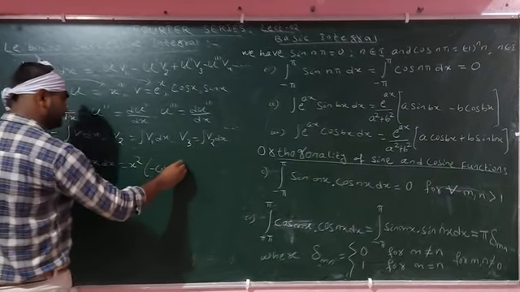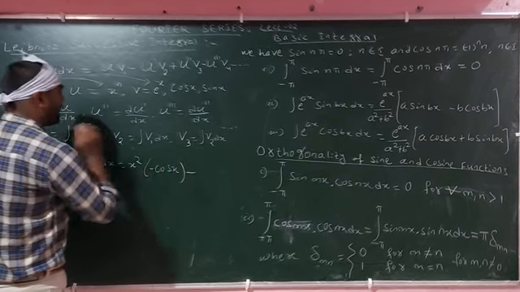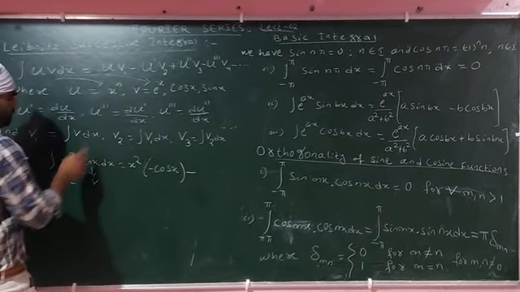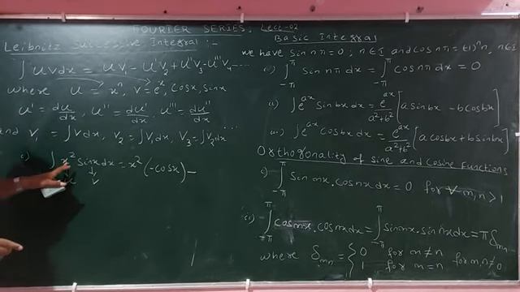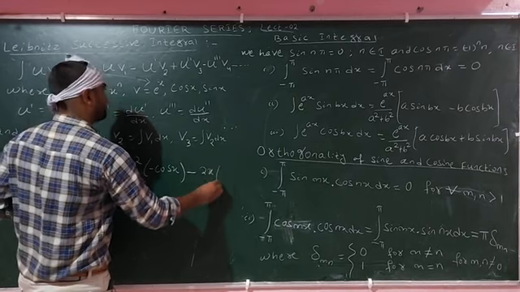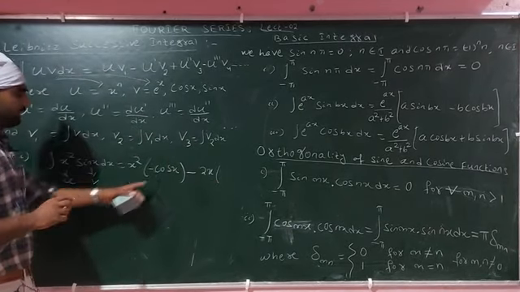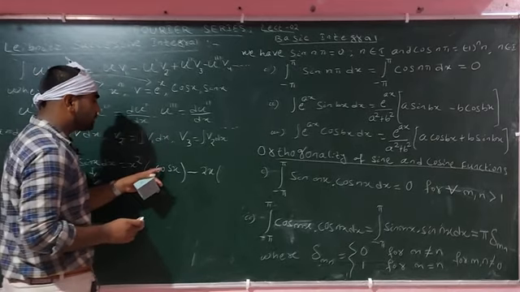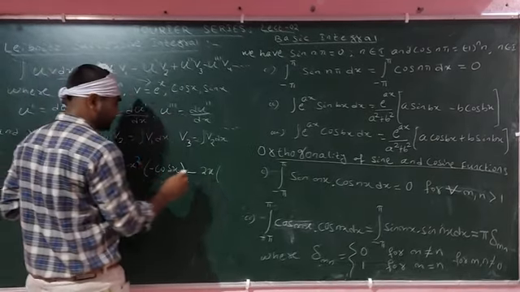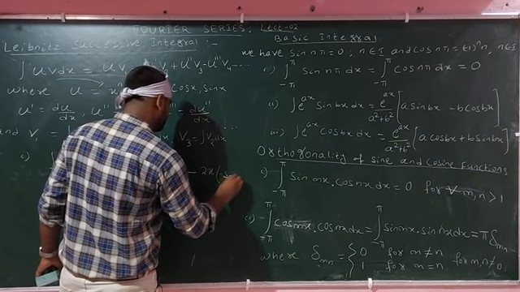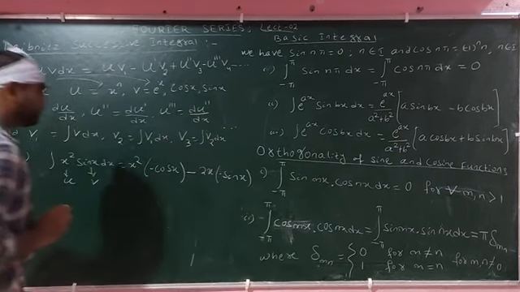Then minus u' v2: u' is the derivative of x square, that is 2x, and v2 is the integration of v1, that is the integration of minus cos x, which is minus sin x.